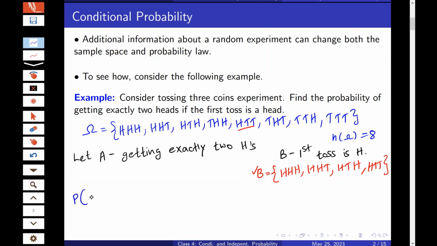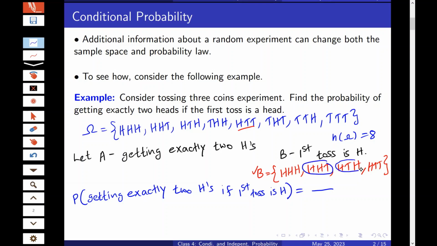Now let's write down the probability of getting exactly 2 heads if first toss is head. Now look at this sample space. Here we have counted how many possibilities give exactly 2 heads when the first one is head.